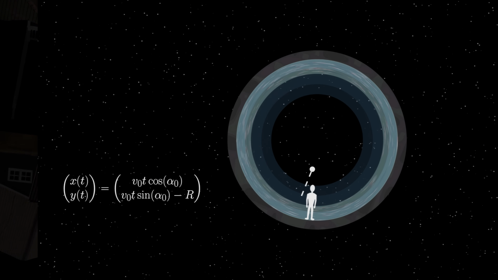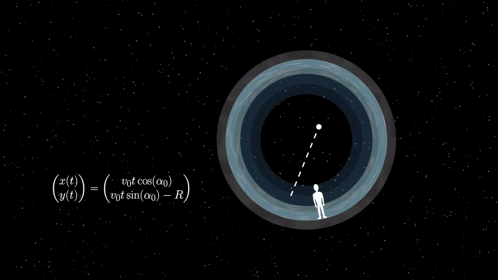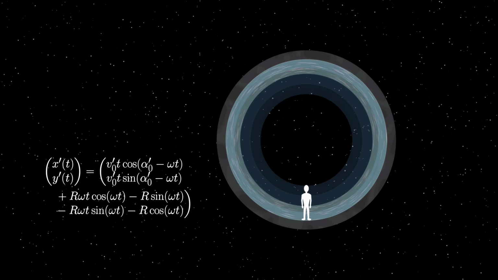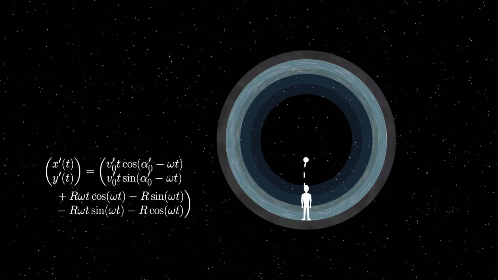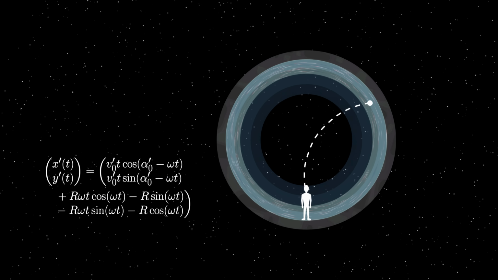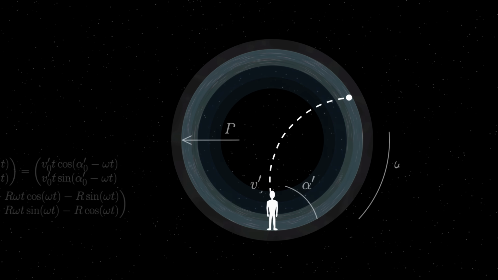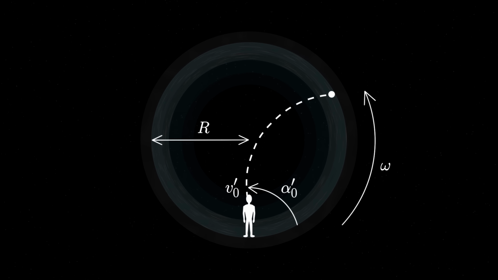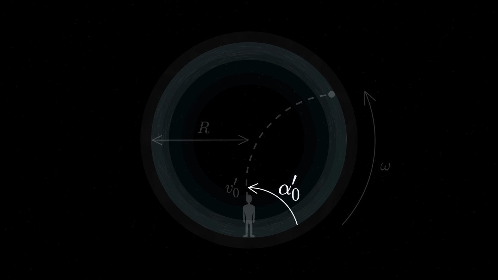The ball experiences no force and therefore moves in a straight line at constant speed. But from the inside, the trajectory of the ball seems curved because we are spinning with the wheel. At this stage, we don't know the parameters of this trajectory: the speed of the ball, the angle of the trajectory, the radius of the wheel, and its rotation speed.